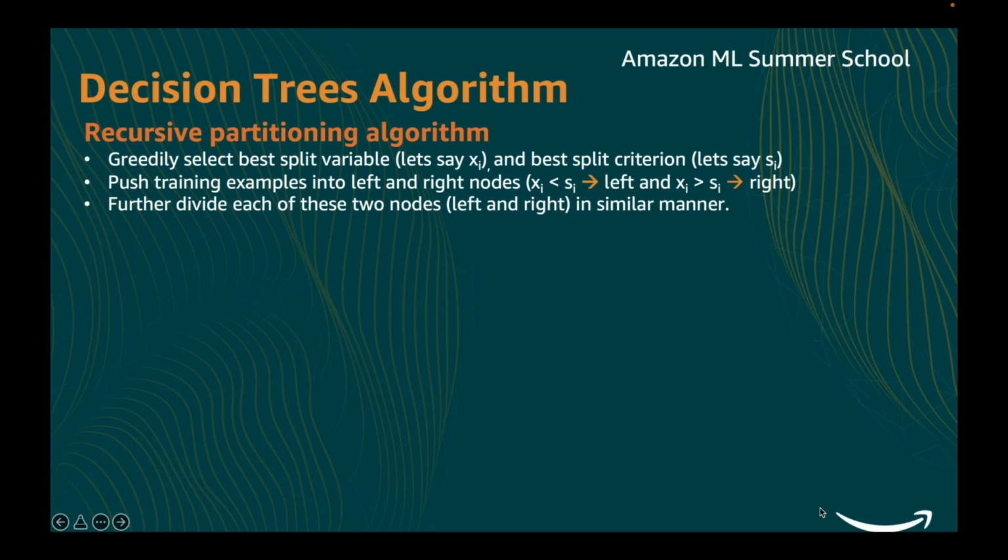If for a particular training example the value of the attribute x1 is less than the value of s1, then it goes to the left, otherwise it goes into the right node, right? So now what we've done is we've taken our population and we have split it into two parts. Then for each of those parts, we do the same thing with the remaining attributes. And that way we continuously and recursively build our tree. So it's a greedy divide and conquer algorithm.